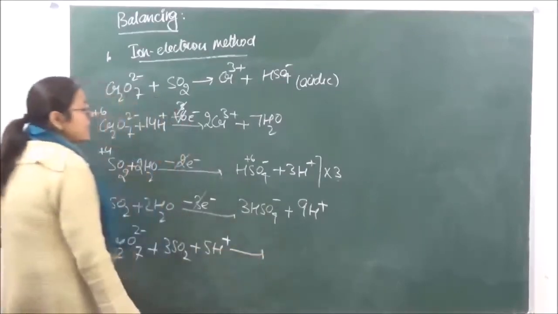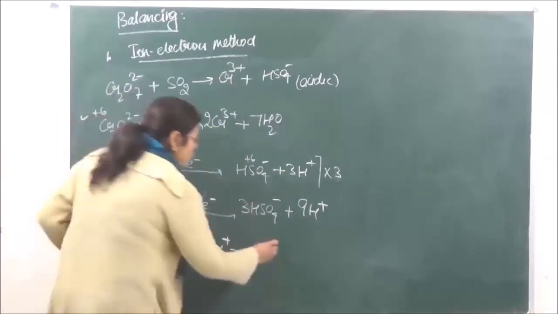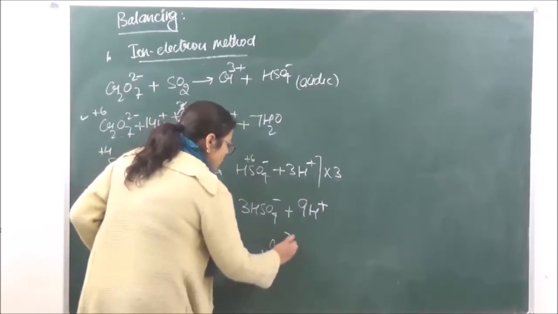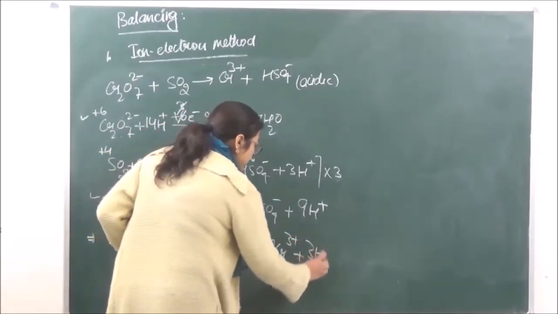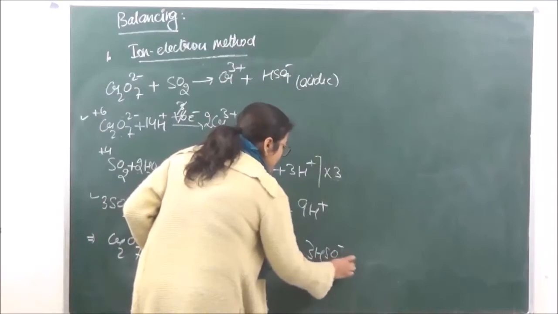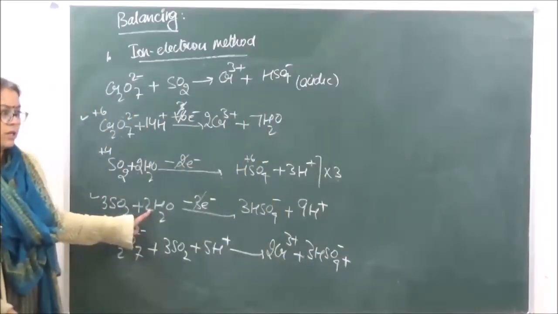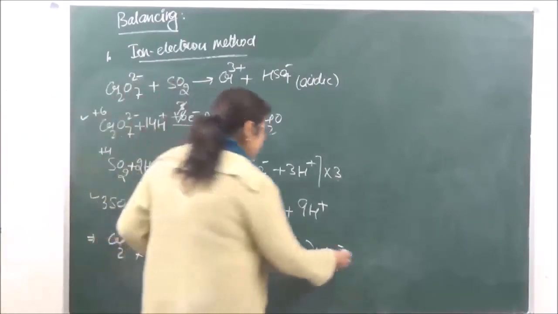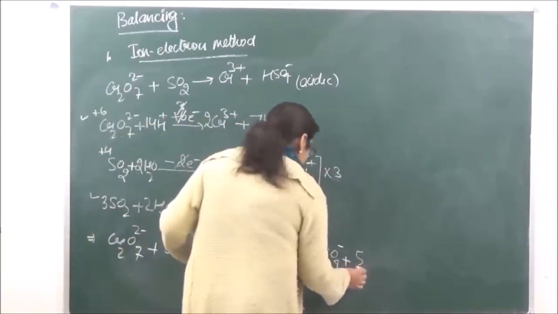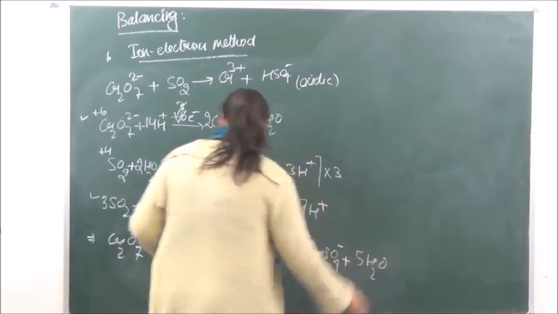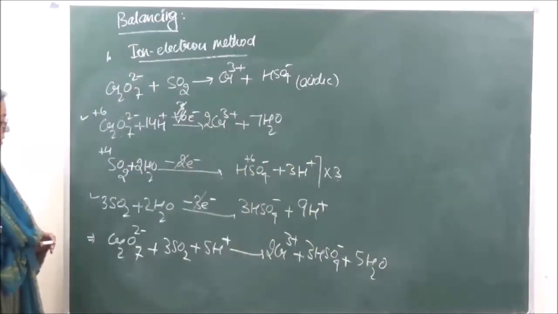And on the right hand side of the equation we have 2 Cr3 positive plus 3 HSO4 negative plus, now there are 7 water molecules and 2 water molecules here. So we are going to have plus 5 H2O.